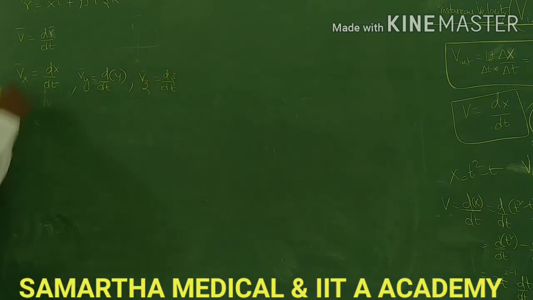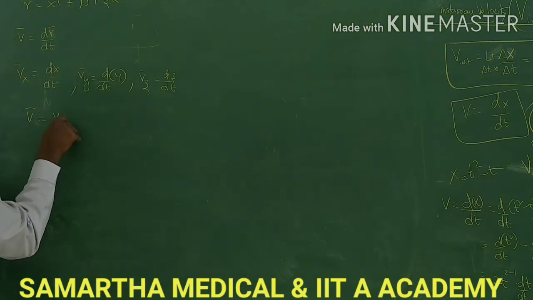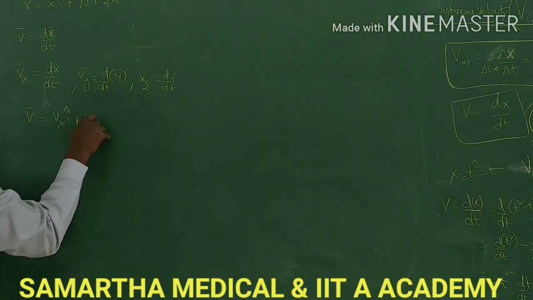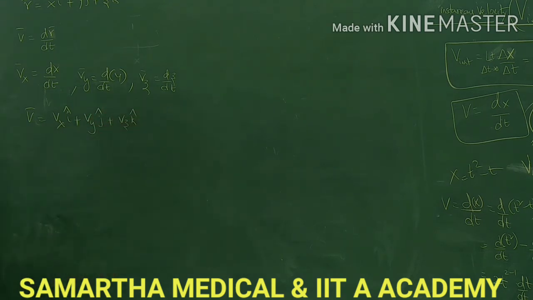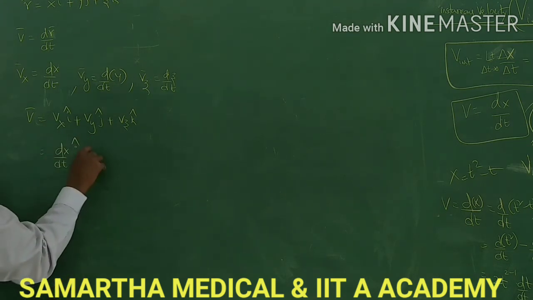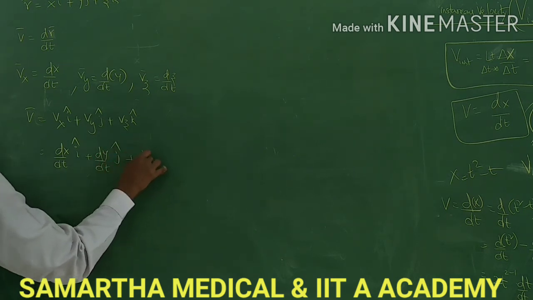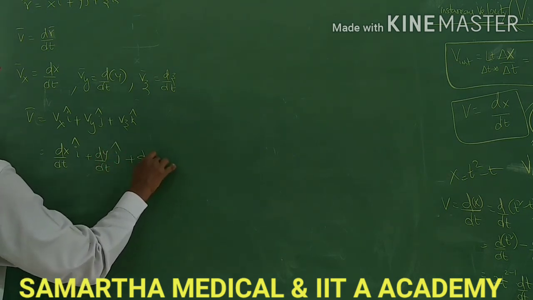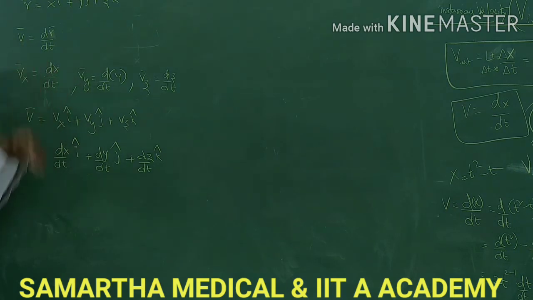Based on this, v bar is equal to Vx i cap plus Vy j cap plus Vz k cap, that is, d by dt of x into i cap plus d by dt of y into j cap plus d by dt of z into k cap.